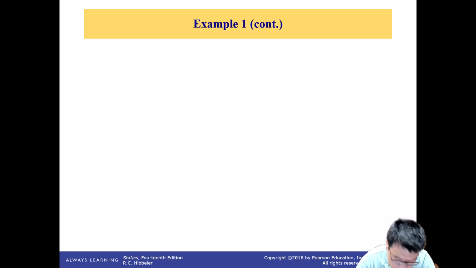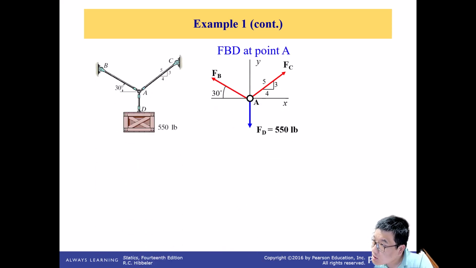Let's go into more detail for this example. For the free body diagram at point A, we have Fd, which is the gravity of the box, equal to 550 lbs.